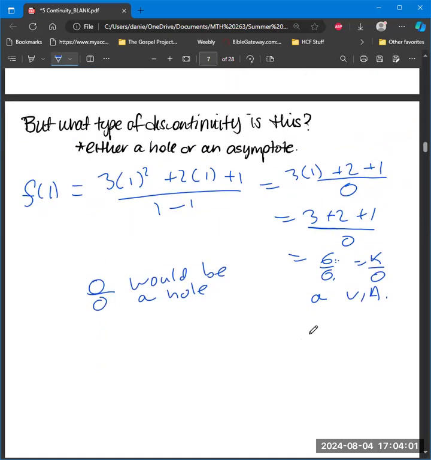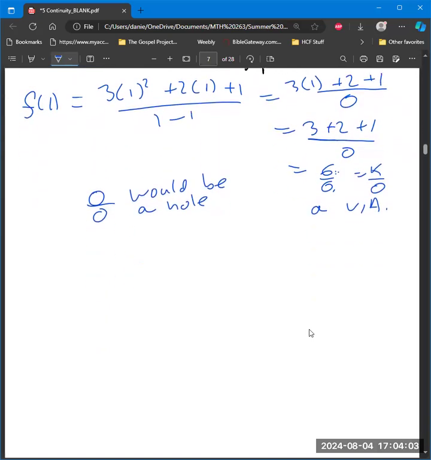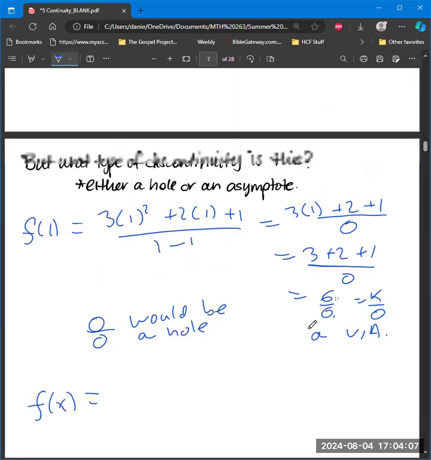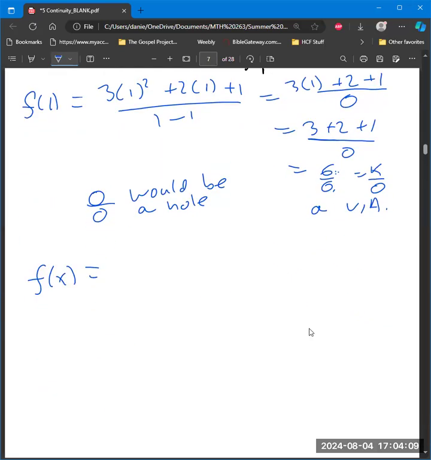So let's think of this option now. f of x is equal to, same thing. Let's see if we can factor this, 3x squared plus 2x plus 1 over x minus 1. Are there factors of 3 that sum to 2? There are not.